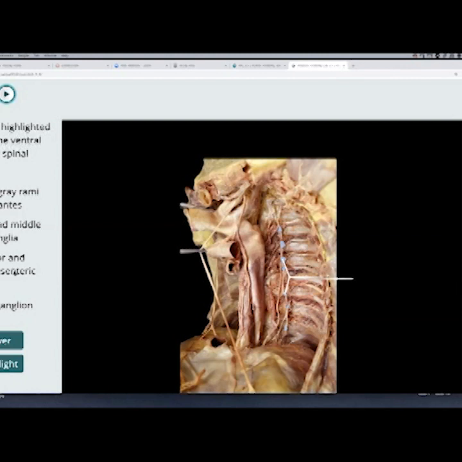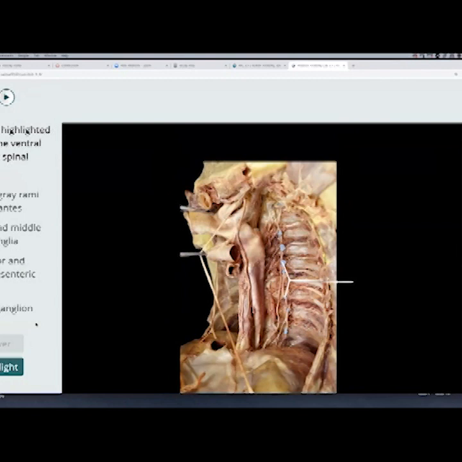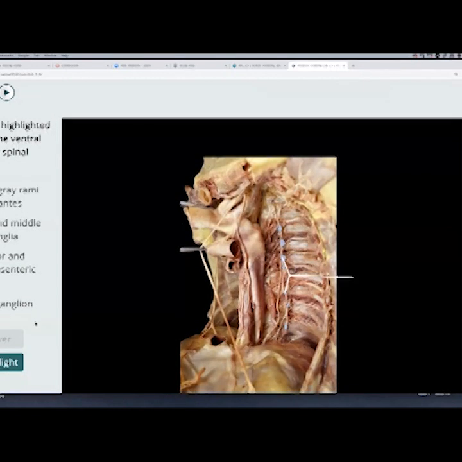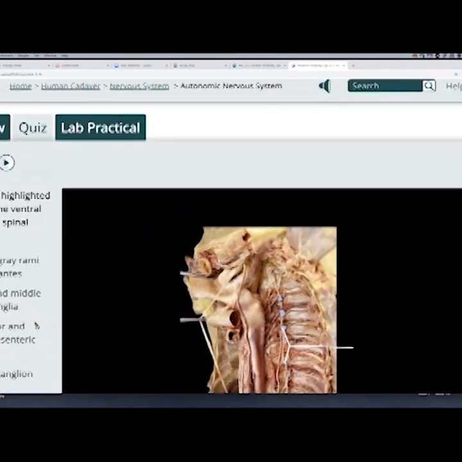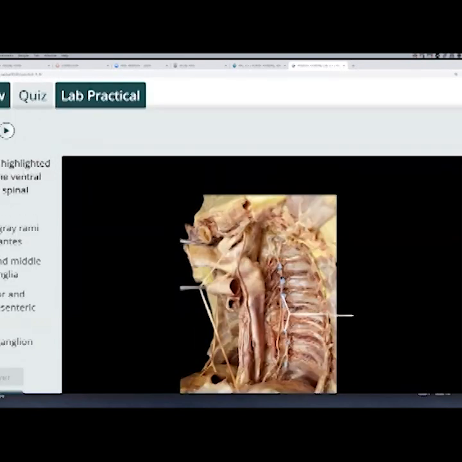Well, the ventral rami don't have any ganglia. So I would say the celiac ganglion, if I had to guess. Nope. White and gray rami communicantes. Okay. So white and gray rami communicantes join the sympathetic branch to the ventral rami of the spinal nerve.